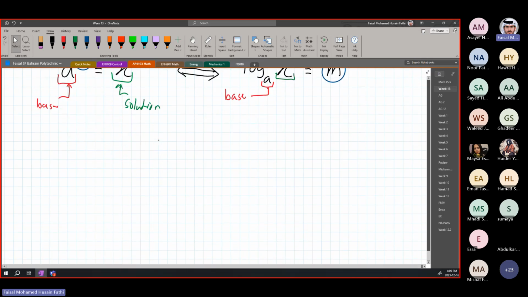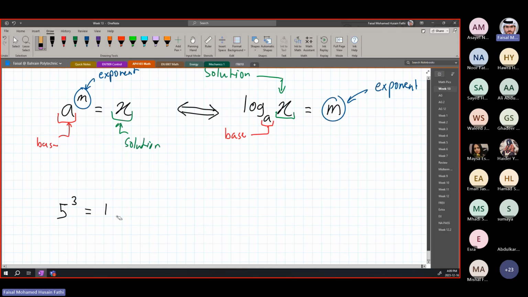مثال, let's say we have we know that 5 to the power of 3 is equal to 125. تمام. Oh, if you guys get too confused, 5 to the power of 2 is equal to 25. 5 times 5 equal to 25. This is our base, this is our exponent, and this is our solution.